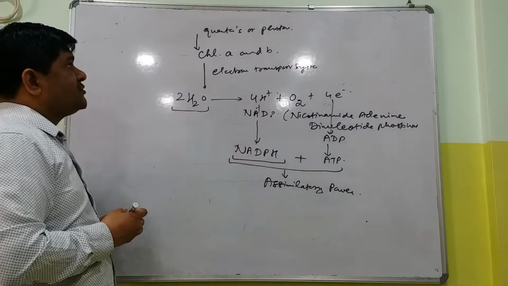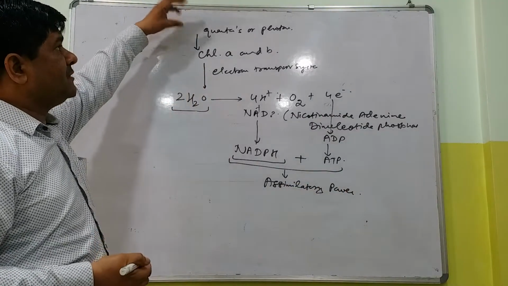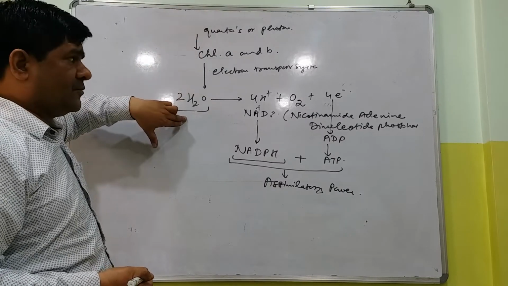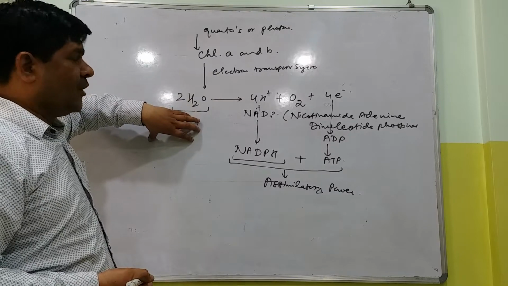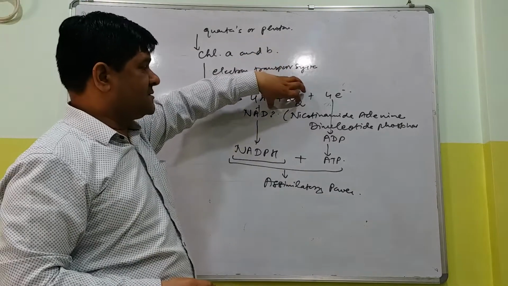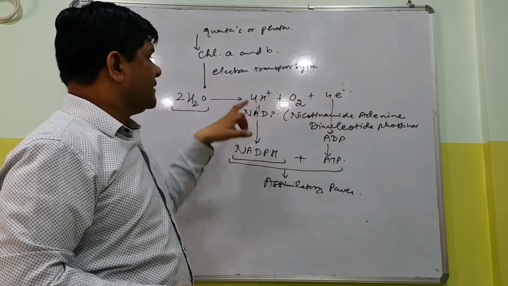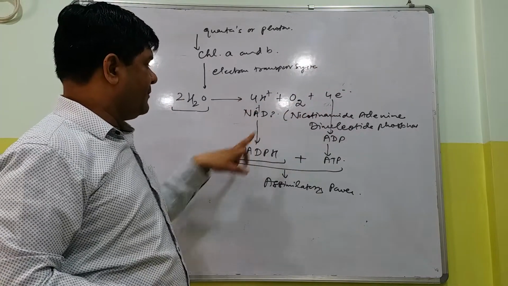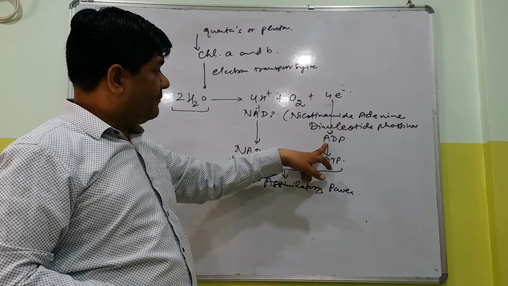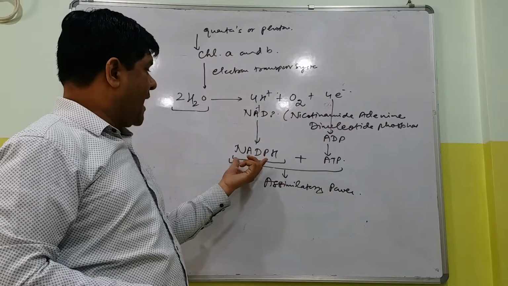So first the transfer of energy takes place from sunlight through chlorophyll A and chlorophyll B molecules to the water molecule. Breakdown of the water molecule takes place, resulting in protons plus oxygen plus electrons. These protons are gained by NADP to form NADPH, and electrons are gained by ADP to form ATP.